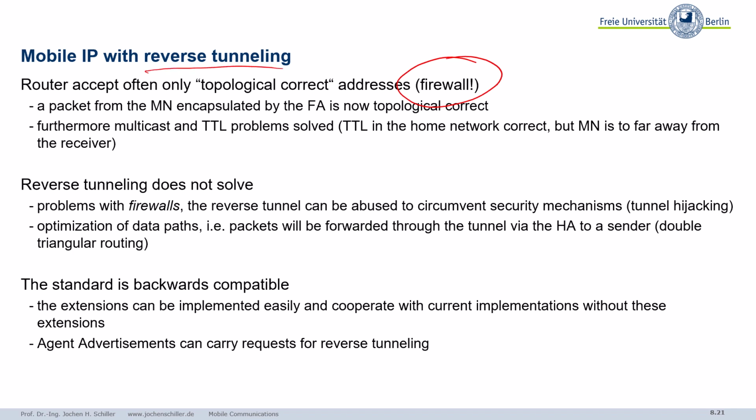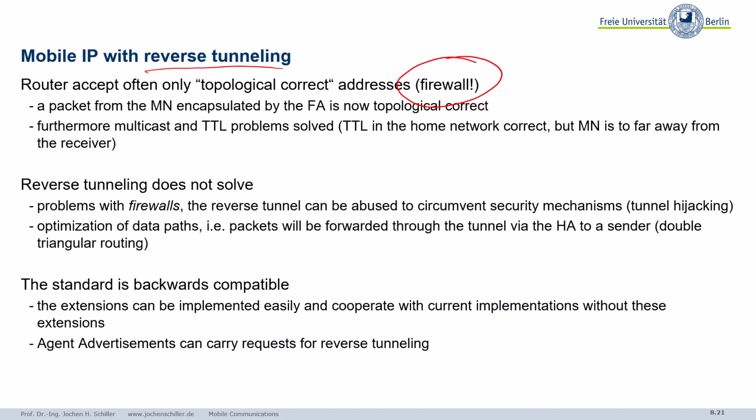There are some more problems, maybe with TTLs, so time to live. If you stay in a tunnel, you do not count down the TTL, so maybe reverse tunneling also solves problems here. Tunnels and firewalls, that's a problem. Firewalls don't like tunnels because you can do whatever you want, more or less, inside the tunnel. So that's not really a good idea.